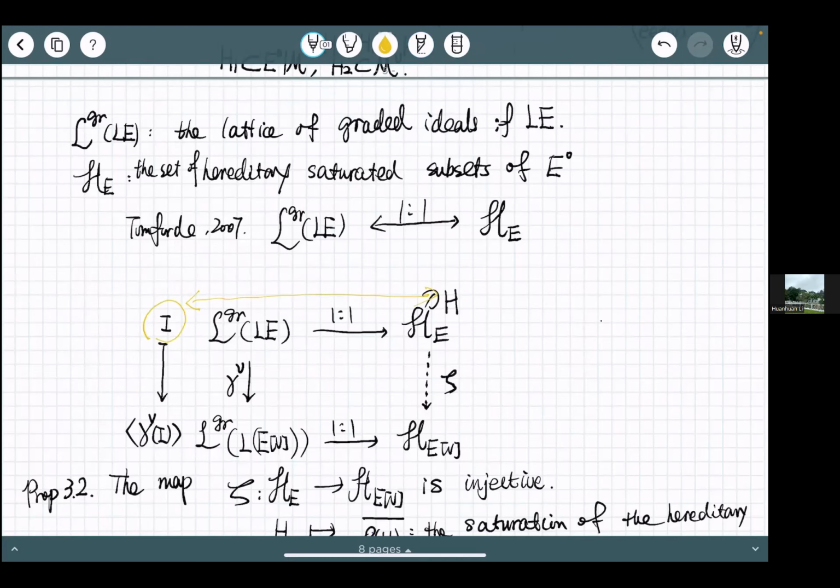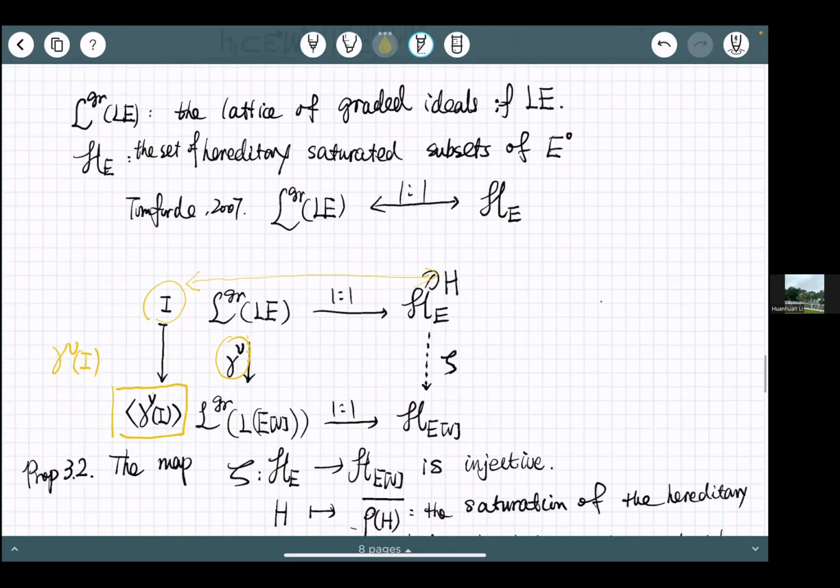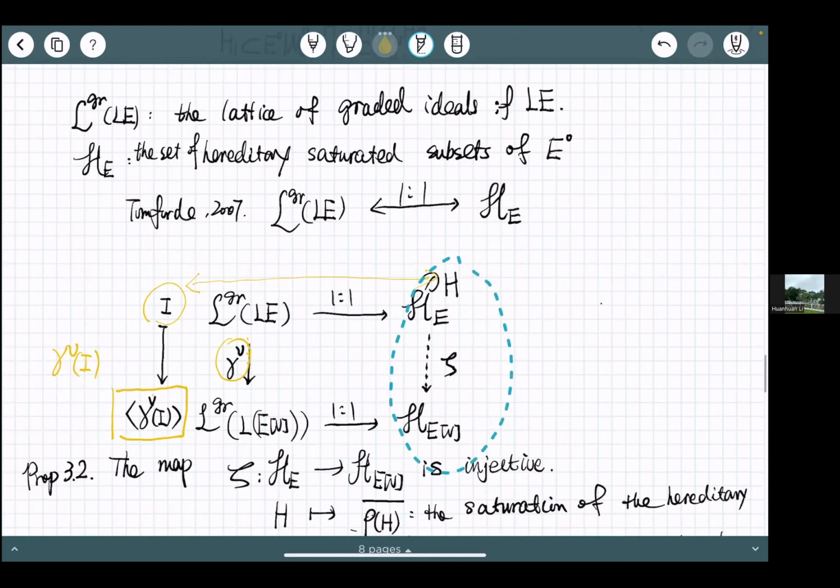Then we use the map gamma V to get gamma V of I, the image of I under gamma V. Then we use this set to generate a graded ideal of LEV. And then we again use the correspondence, and in this direction we get a hereditary saturated subset in EV0. This is how we define the map zeta.